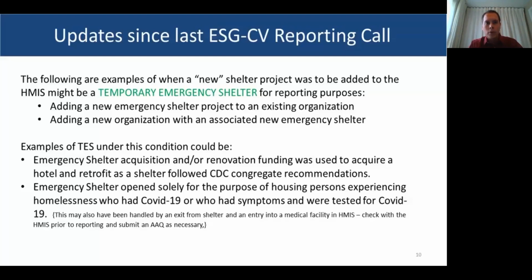Unlike normal ESG funding, which has a 3 to 10 year use requirement tied to it, you do not have a use requirement. If you acquire a property or renovate, you will be reporting on that through the duration of the grant, but there are no other provisions for the CARES Act. So it's my understanding that facility is yours at that point.